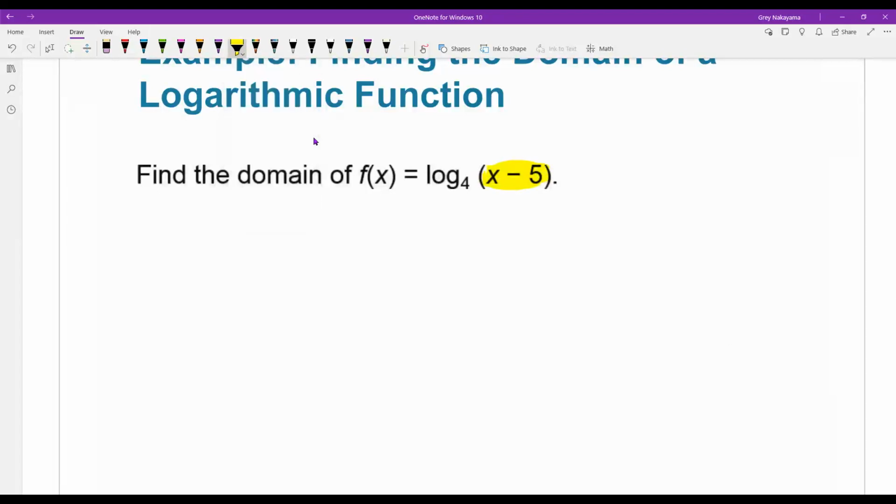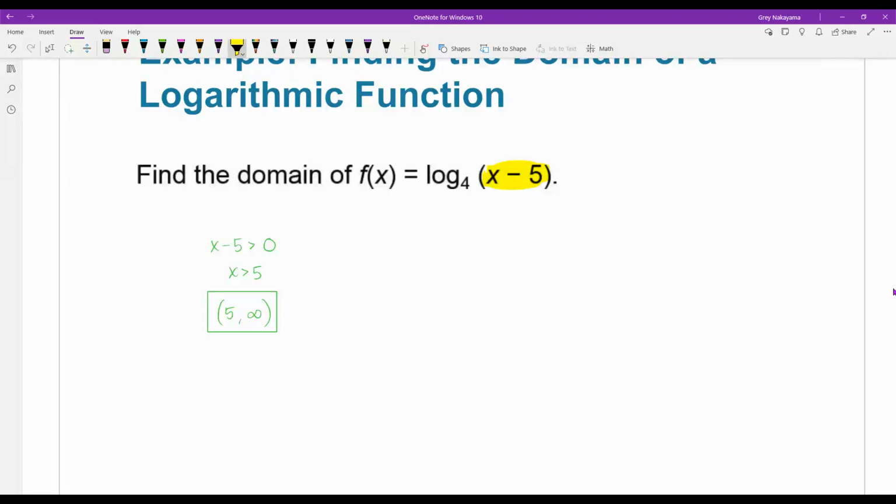It's not defined. So you take that part of the log function and you make it greater than 0. Can't take the log of 0 either. Okay, 0 is not positive, so that's why it has to be positive numbers. Solve for x, put it in interval notation, and that is our domain.